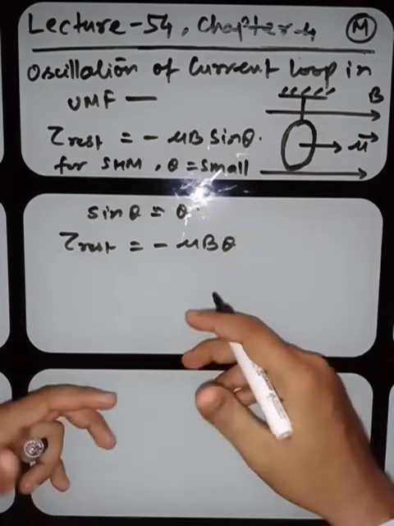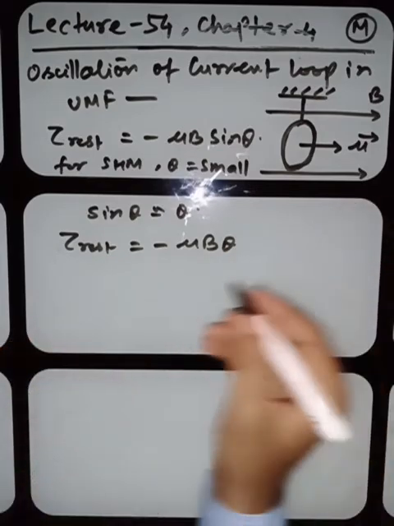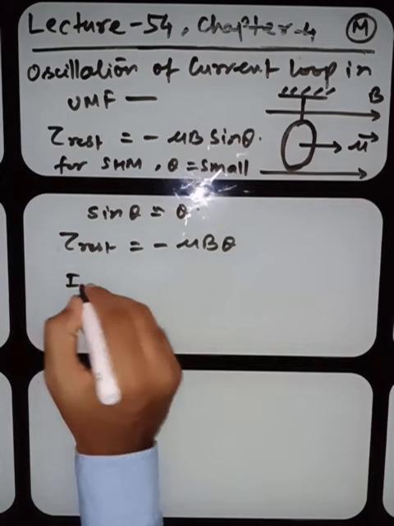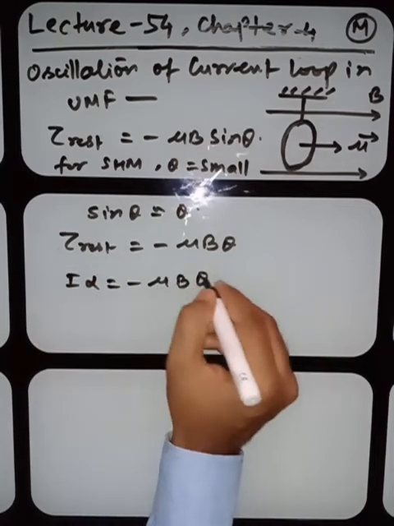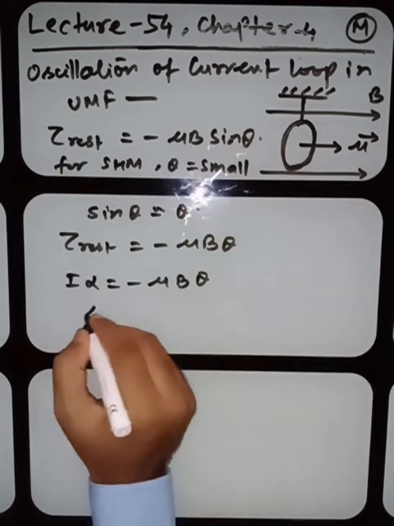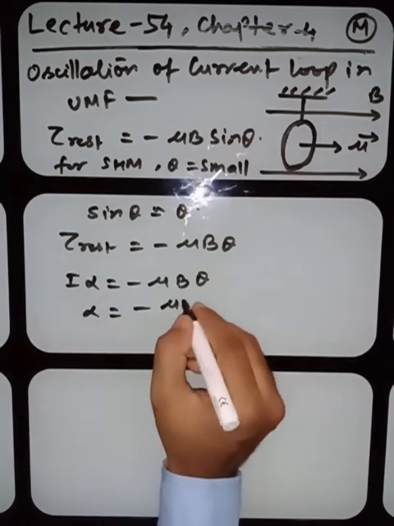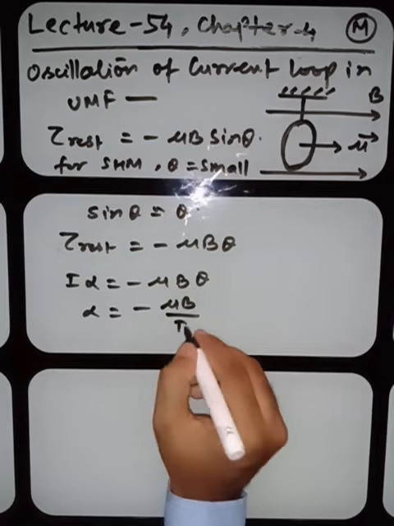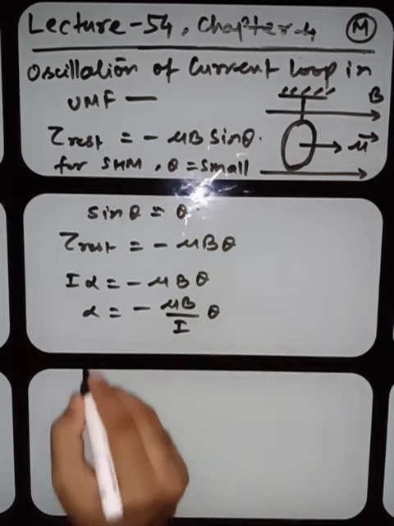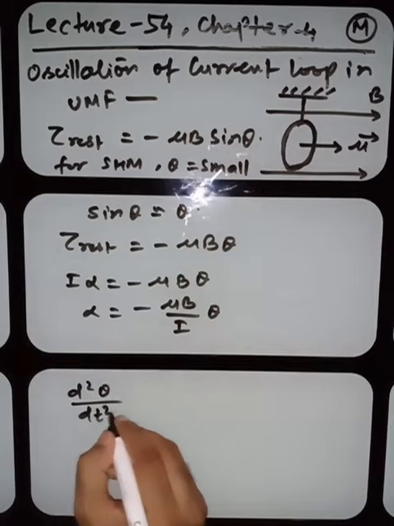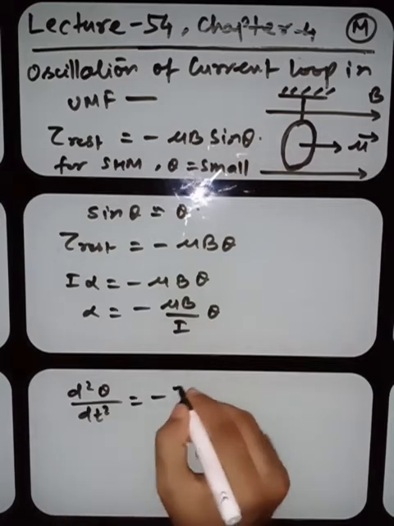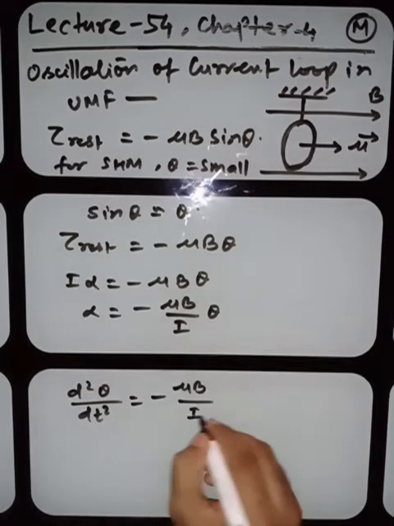Of course, you remember you have studied in standard 11 that tau equals I alpha, so I alpha equals minus mu B theta. Now I is the moment of inertia, so alpha equals minus mu B over I theta. Try to recall, alpha is d2 theta by dt square, so d2 theta by dt square equals minus mu B by I theta.